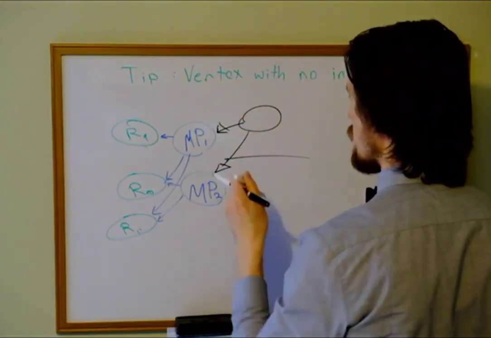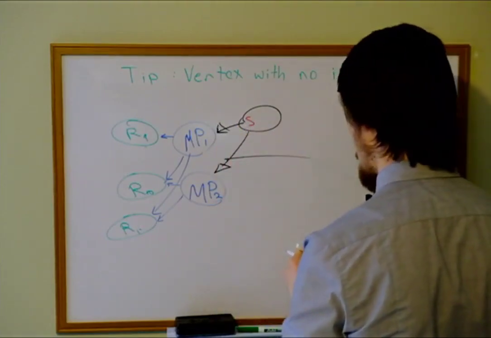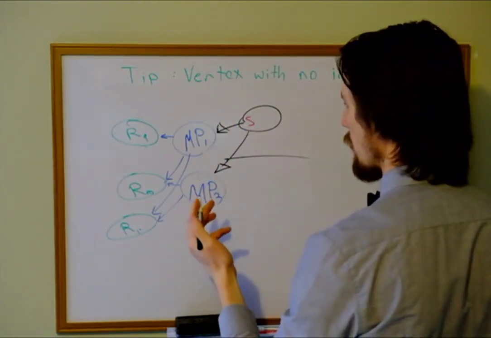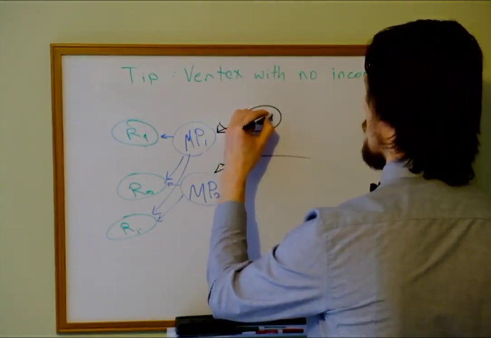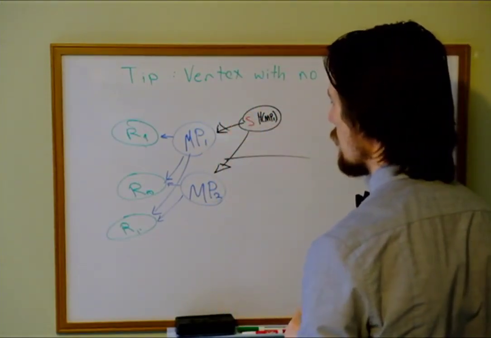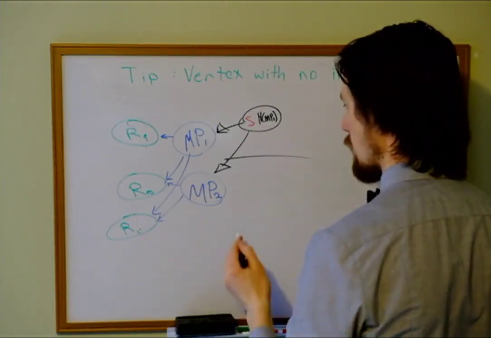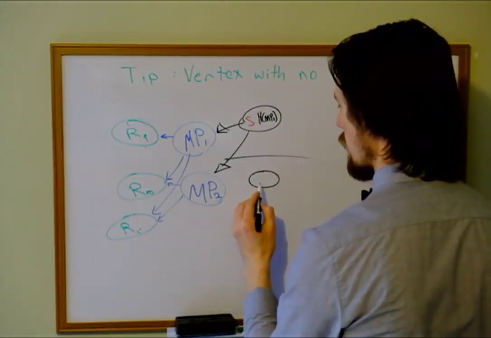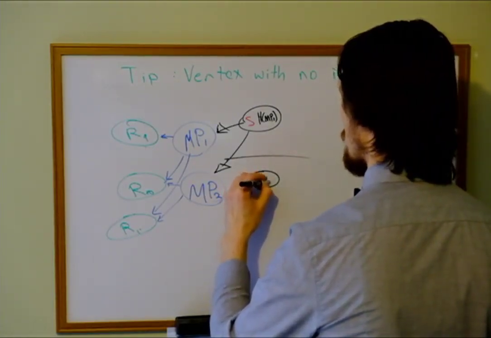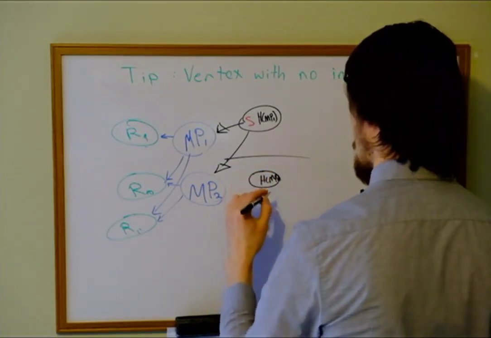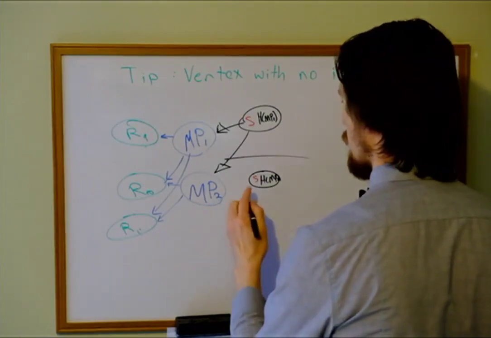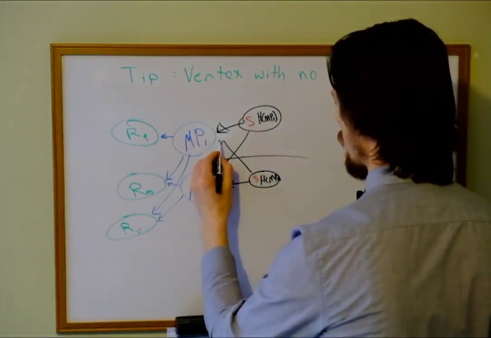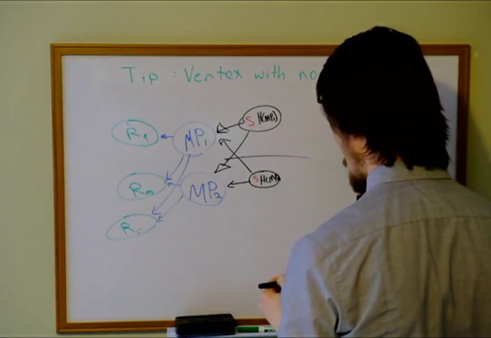I'll do the signature in red here just to indicate that it's signed by that participant. A signed hash of MP1. And someone else might publish a signed hash of MP2. And it's going to reference both of them.